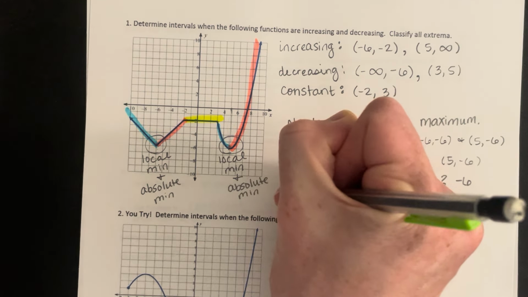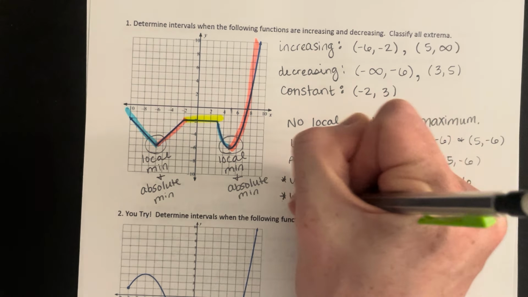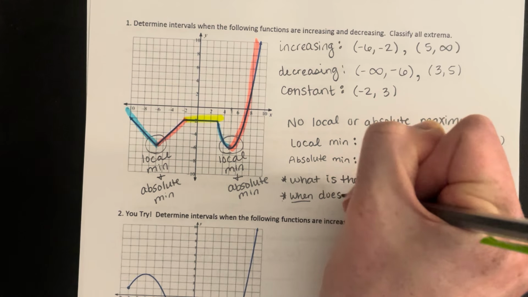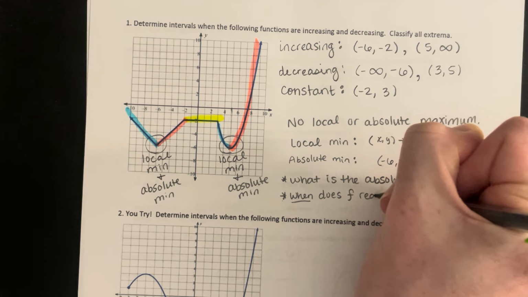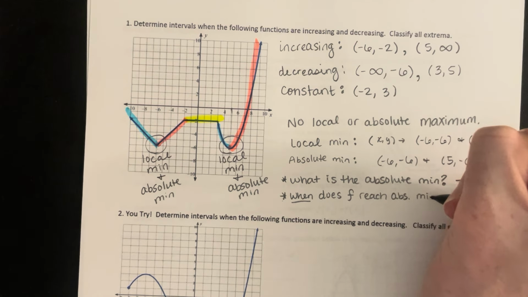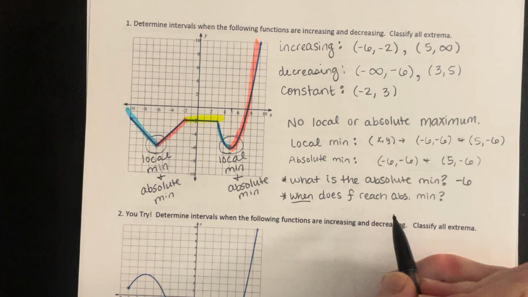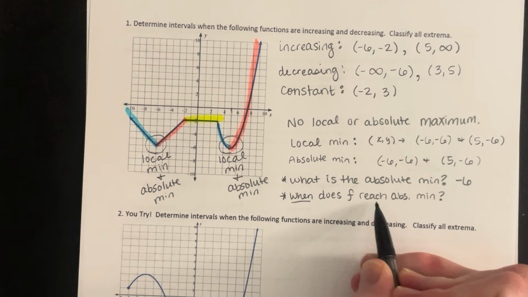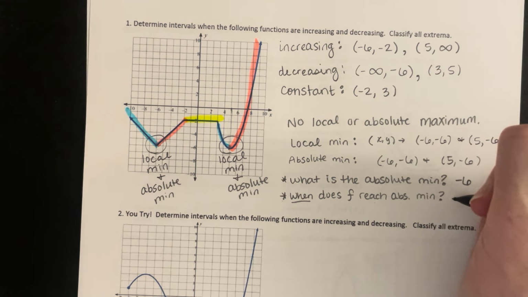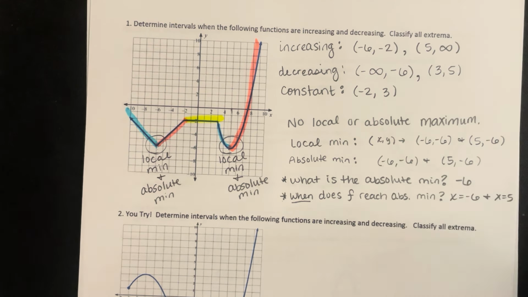If we were asked, when does it reach this absolute min? I am abbreviating, for a moment. The function reaches the absolute minimum when x is -6 and when x is 5.